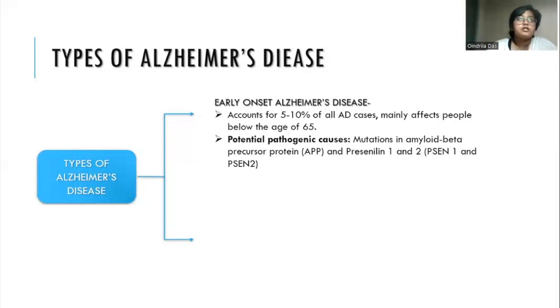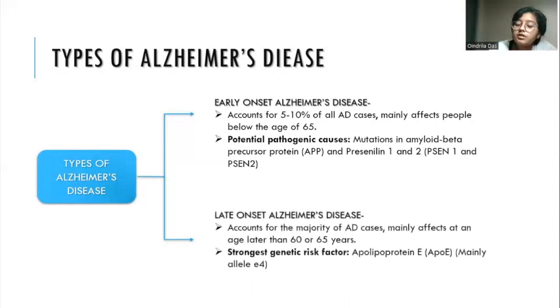The potential pathogenic causes for early onset Alzheimer's disease are mutations in amyloid beta precursor protein and presenilin 1 and 2.